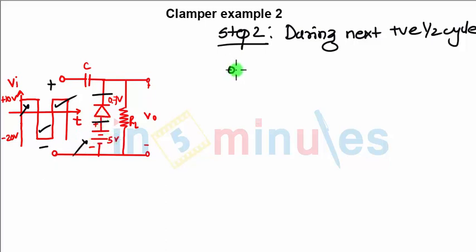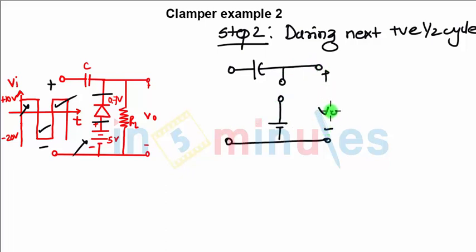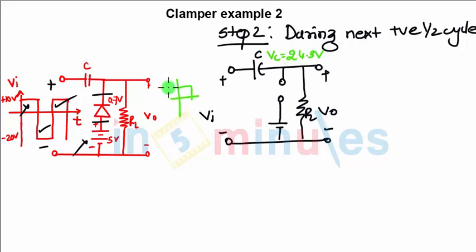So you will have the circuit in the positive half cycle as capacitor, then this part will be open, you have 5 volts, and here plus minus Vo, you have RL, you have plus minus Vi, and the capacitor. The charge on the capacitor is 24.3 volts, and now your Vi is going to a maximum of 10 volts in the positive half cycle.